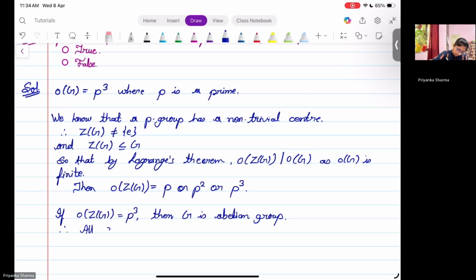Therefore, all subgroups of G are normal. And the order of G is p^n, where p is a prime number, so obviously G will have a non-trivial subgroup. So G is not simple.